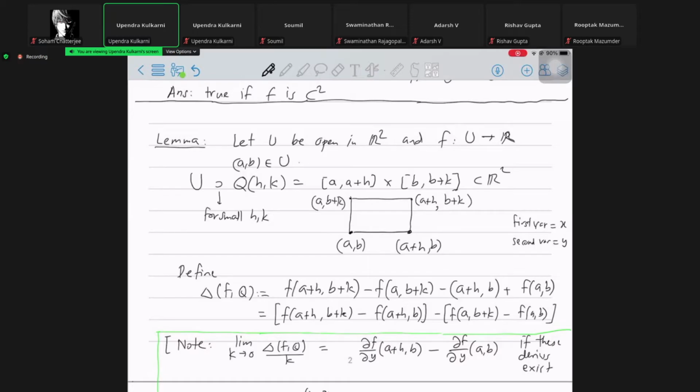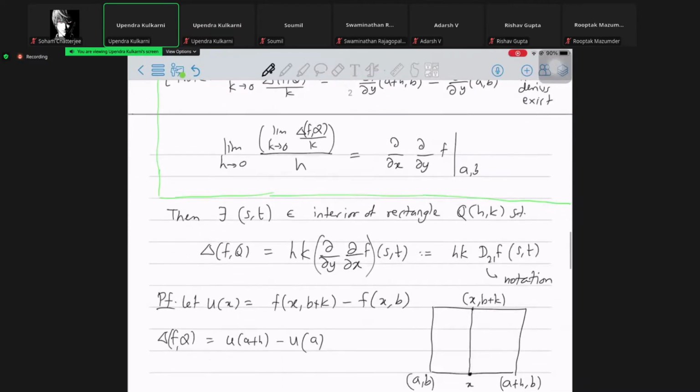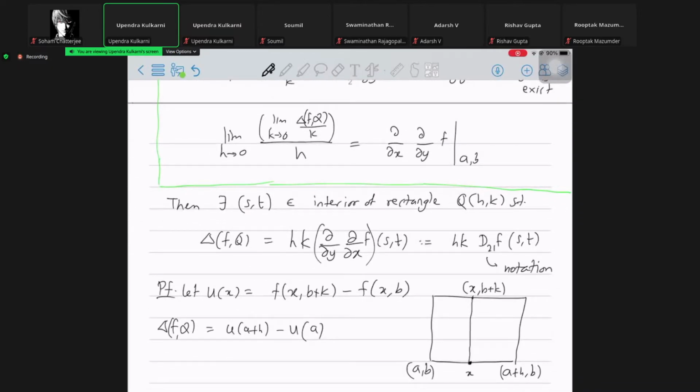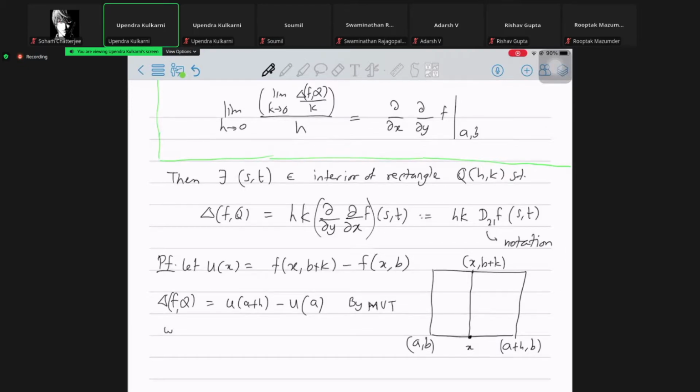So we will just say that we have the requisite differentiability for f. So by mean value theorem, what do I get? There exists some value s, between a and a plus h, such that what happens?